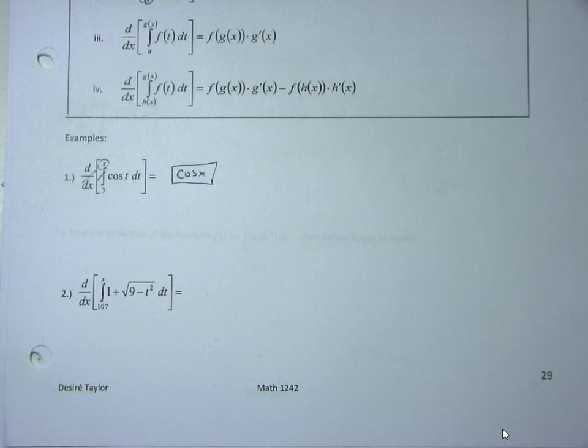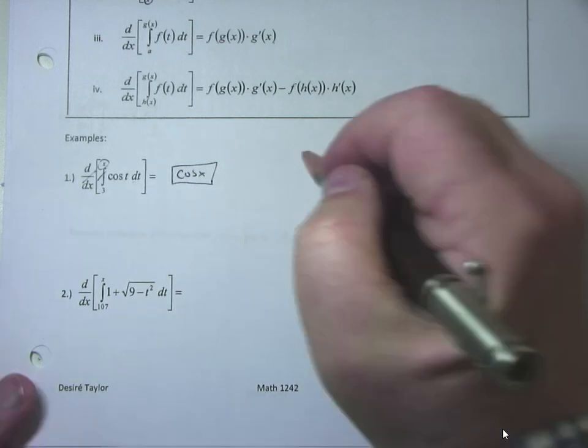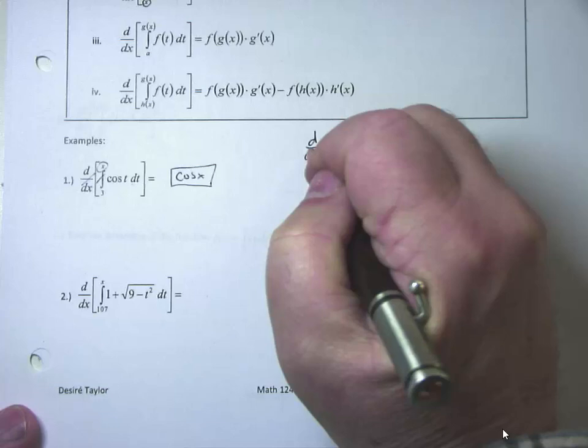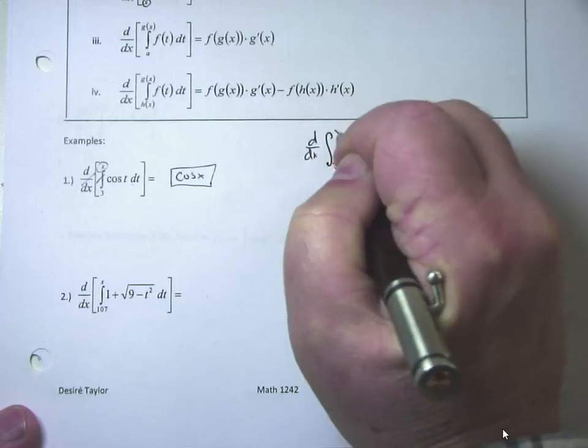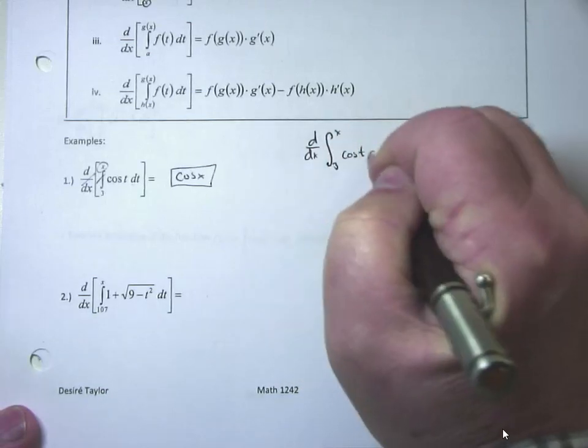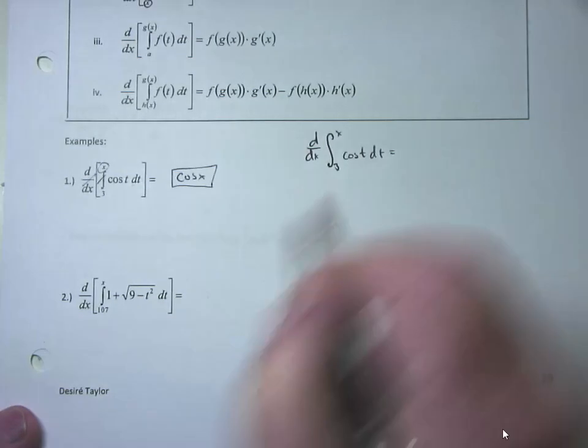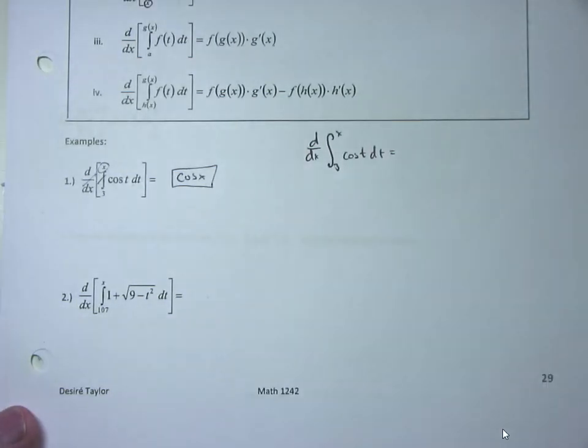Even if 10 seconds may be a little long for you guys on this one. But a lot of people are hard-headed in my classes, so they're going to make me do it the long way. All right, fine. This one I can do the long way. The derivative of the integral from 3 to x of the cosine of t dt is this. What is the integral of cosine?